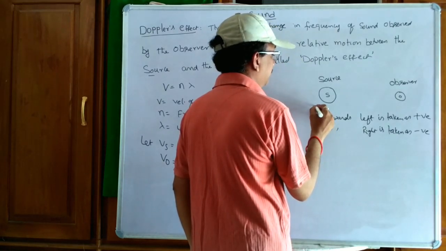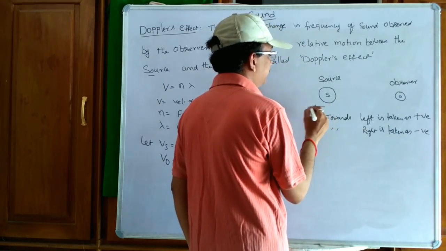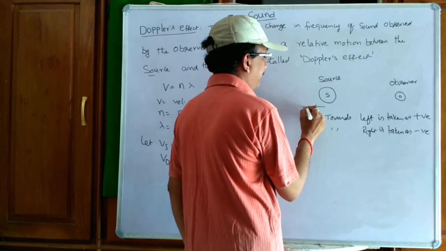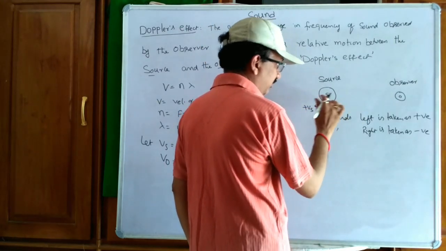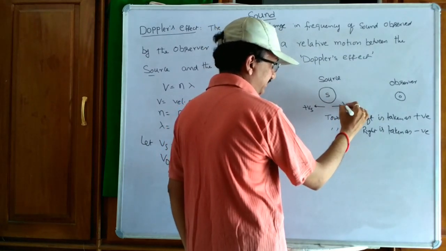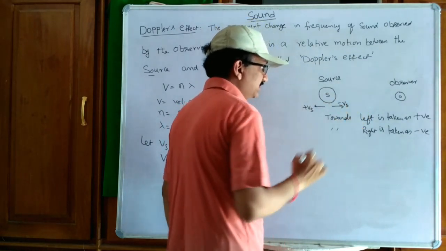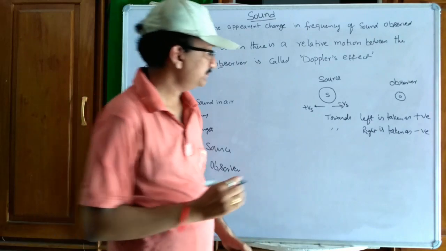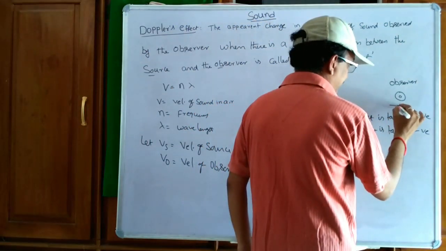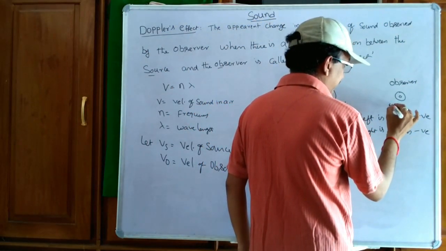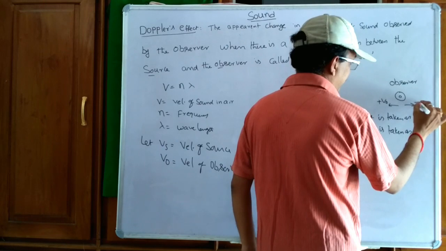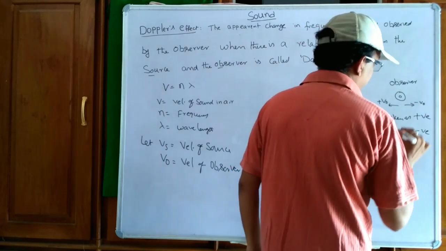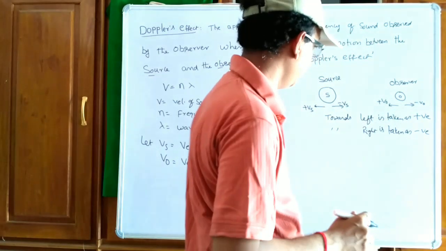Towards the left side it is taken as plus Vs. If this source is moving towards the right side, this is taken as Vs, which is negative, and if the observer moves along the left side, it is taken as plus VO, and this is taken as minus VO. We should not forget this thing.